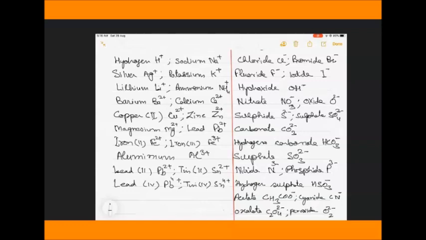I have written it once again down below also for your help. It is Pb2+, iron 2 Fe2+, iron 3 Fe3+, aluminium Al3+.